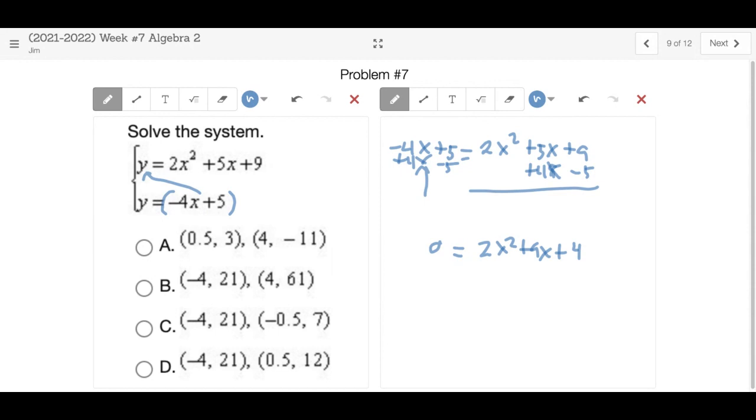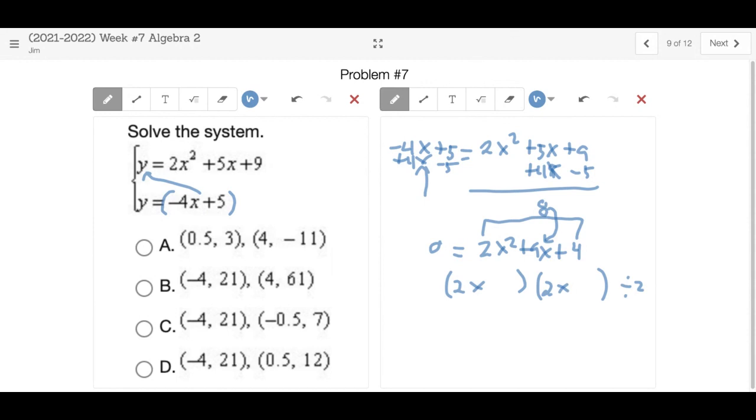This is a good problem because now I can show you the cheater method. So let's review the cheater method. I'm going to cheat with a 2x, 2x there, 2x there. So I know I have to divide a 2 out at the very end, because I cheated with it. Now I multiply the two outer terms together. 2 times 4 is 8. What two numbers multiply to give me 8 but add up to 9?